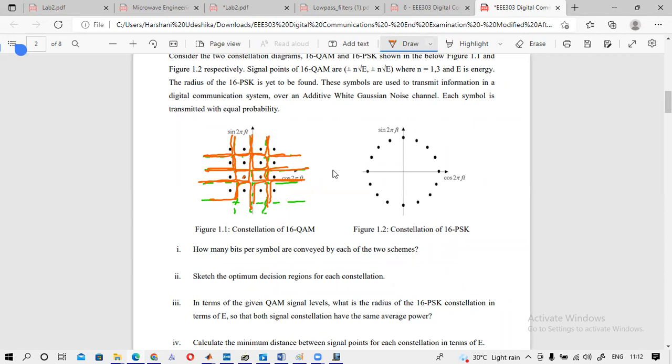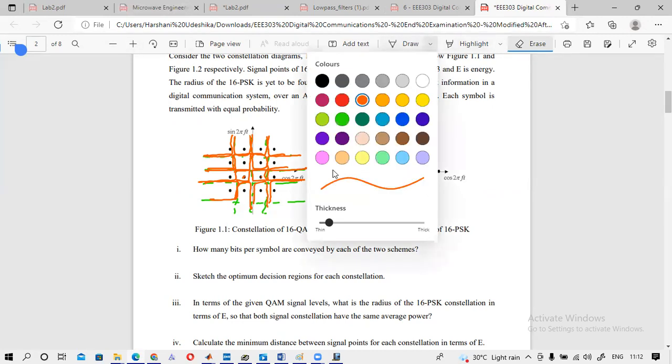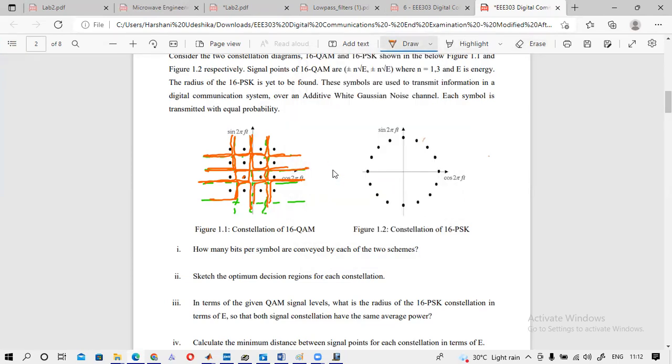Also, you can see that if you consider these two points, the decision region should be like this. And for this point, the decision region should be like this. Likewise, you will have the decision regions like this, this and this.